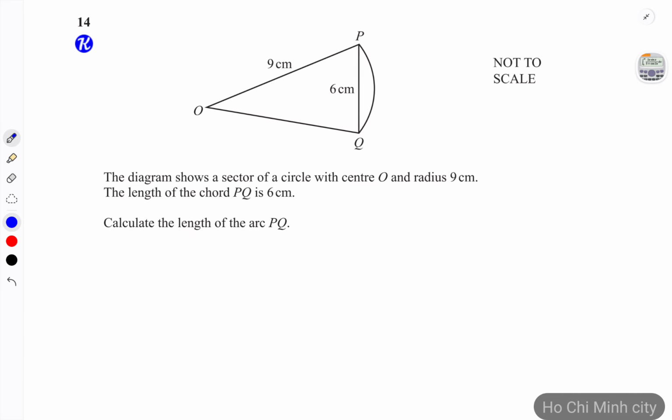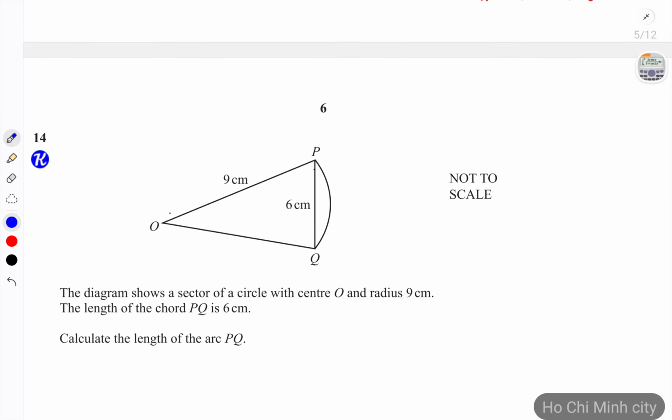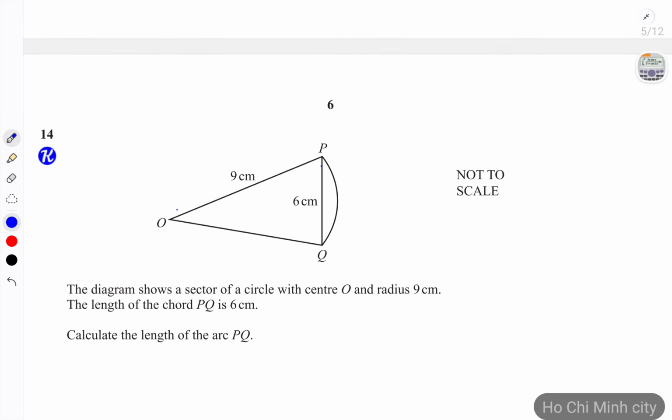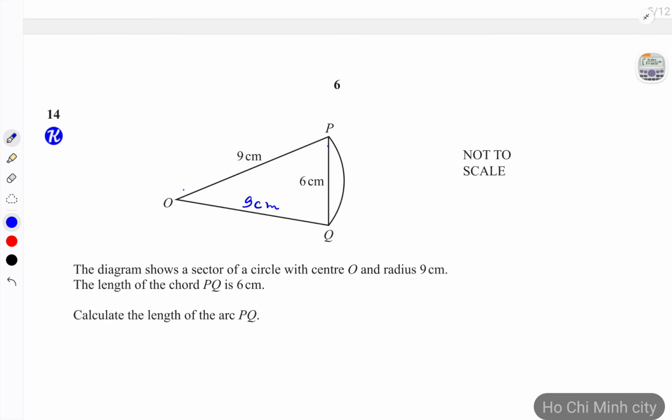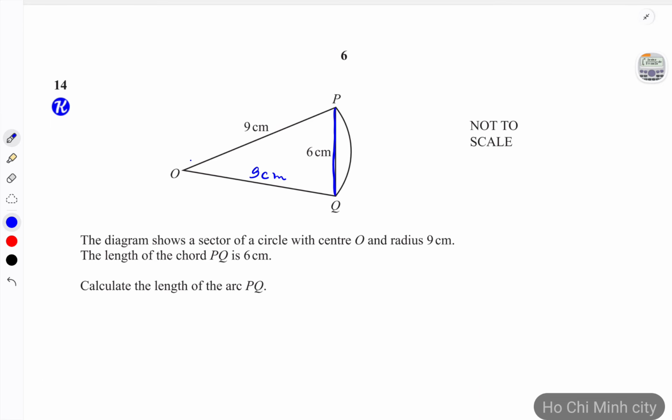Question 14. The diagram shows a sector of a circle with center O and radius 9. So we have OP is 9 centimeters and OQ is also 9 centimeters. The length of the chord PQ, so this one is the chord, is 6. And we have to calculate the length of arc PQ.